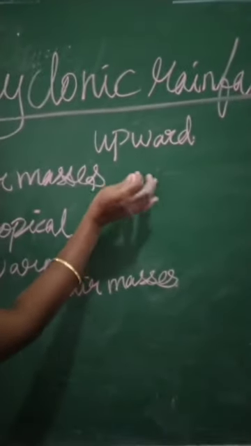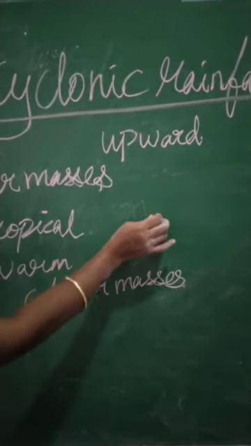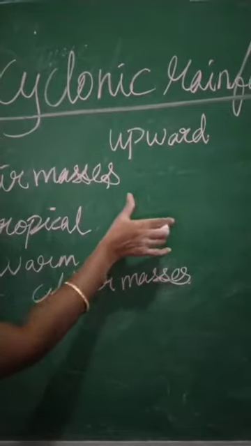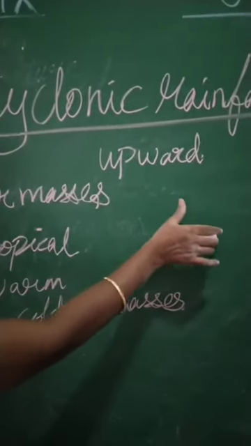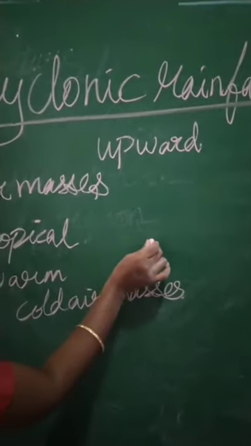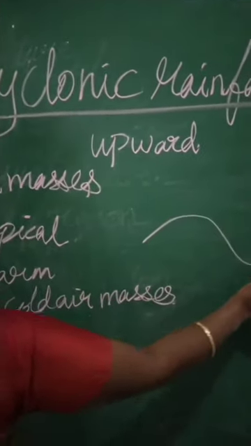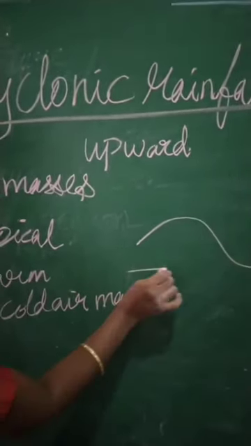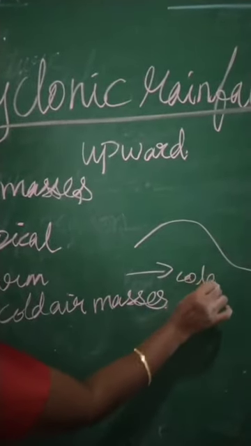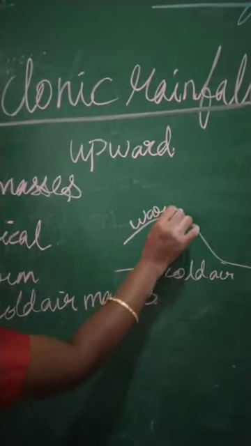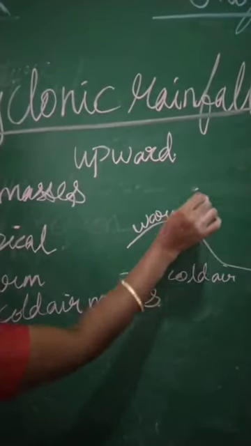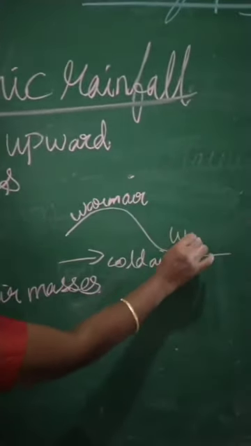Hence, a low pressure area is developed and attracts air from the adjacent high pressure area. Students, a very important one. Here is warm air, here is cold air, here also warm.